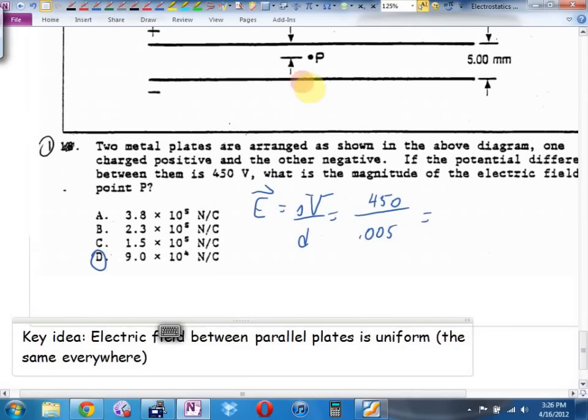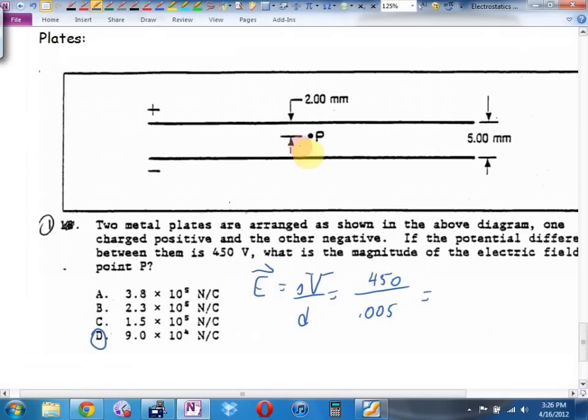The voltage changes. The fact that we have 450 volts and 5 millimeters means each millimeter is 450 divided by 5, 90 volts. So 180 volts right there, 270 volts right there. But they didn't ask me anything about the voltage. The electric field is constant as long as we're not on the very, very edges.